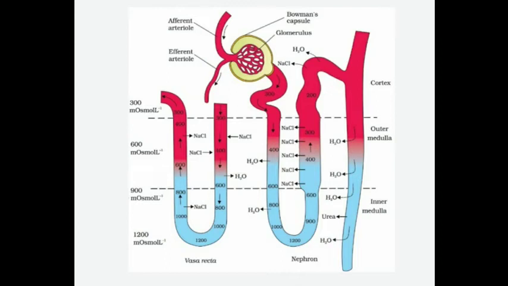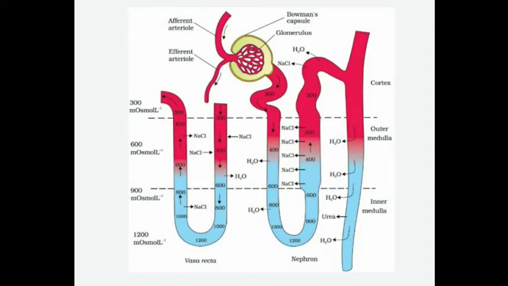Thus, the electrolytes and urea are retained in the interstitium and maintain a concentration gradient in the medullary interstitium. It enables the easy passage of water from the collecting tubule to concentrate the urine, that is, the filtrate.